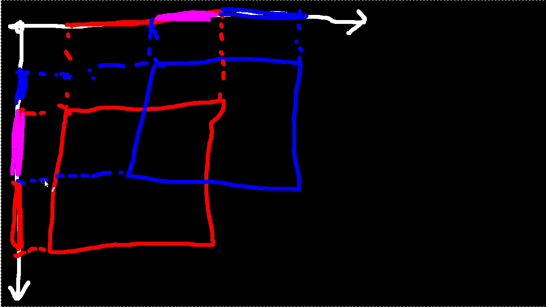I'm going to draw some more images to show you if they're not overlapping on the X, if they're not overlapping on the Y, and if they're not overlapping on either. Okay, let's draw the axes here. Make it easier on me. Okay, we have a red rectangle.